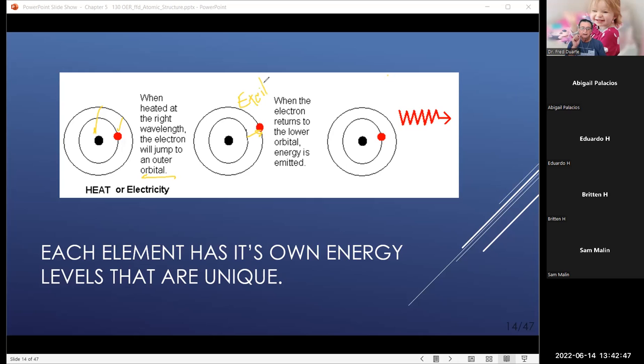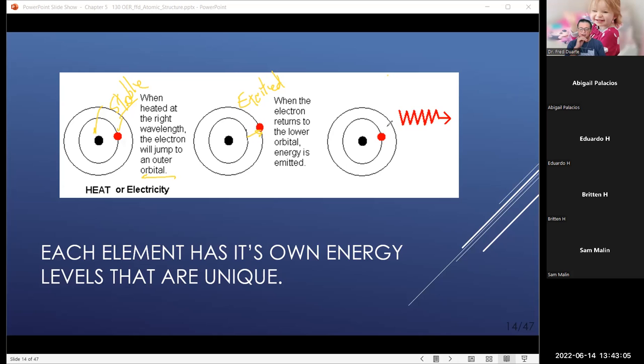But that's not a stable state. This is the stable state right there. And when it's kicked up to the excited state, it's not going to hang out at that state very long, okay? So it's going to drop back down to the ground state.